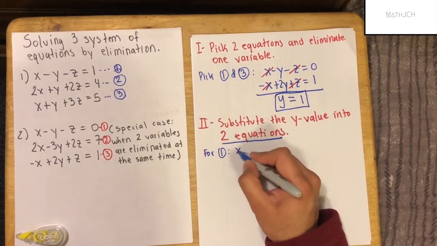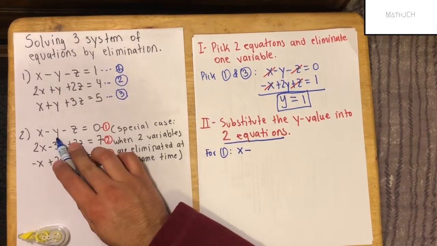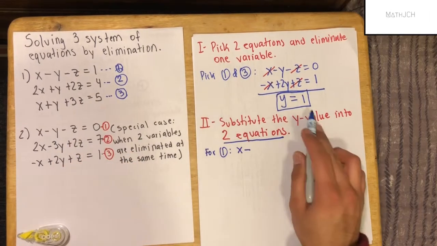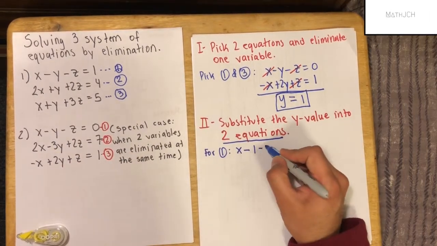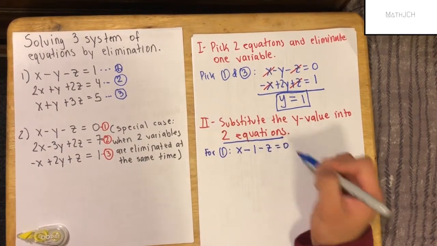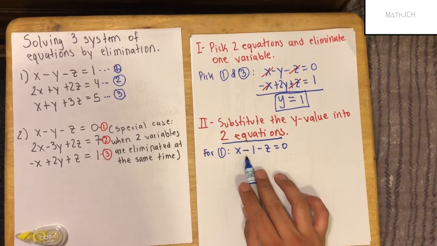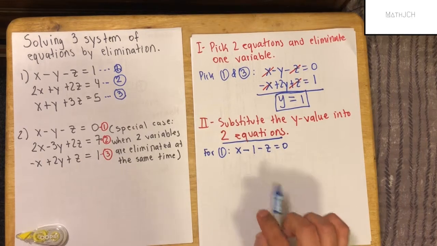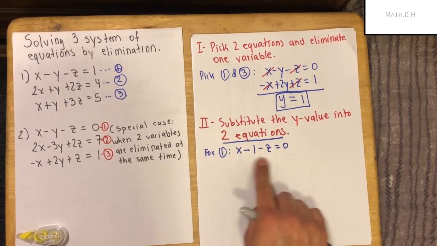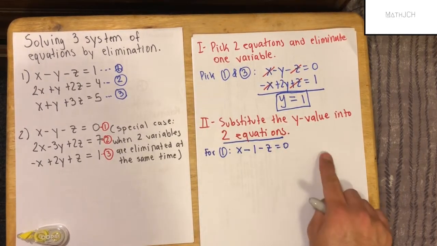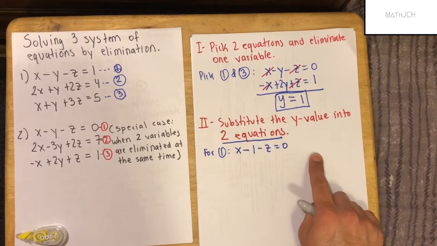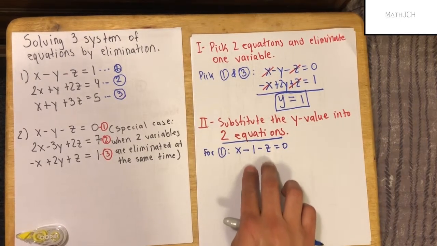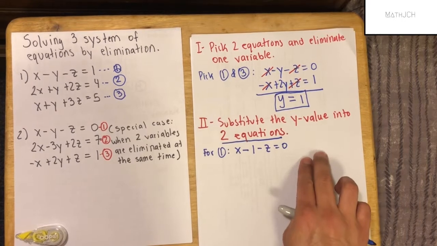I'm going to have x minus y, but y is 1, minus z equals 0. Now let's rewrite this equation in the general form, meaning leave the variables on the left side and move the numbers to the other side. So only leave the letters on the left side and the numbers on the other side.